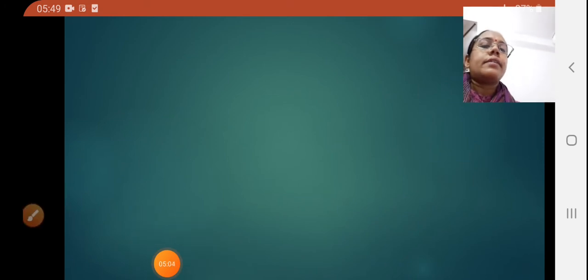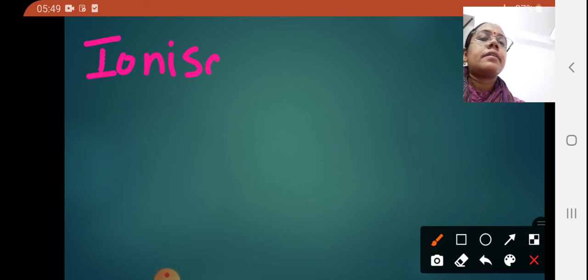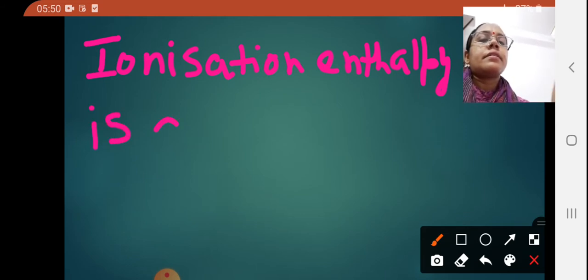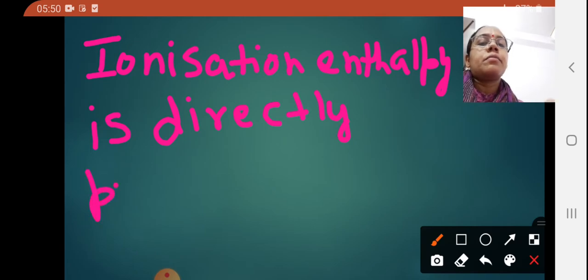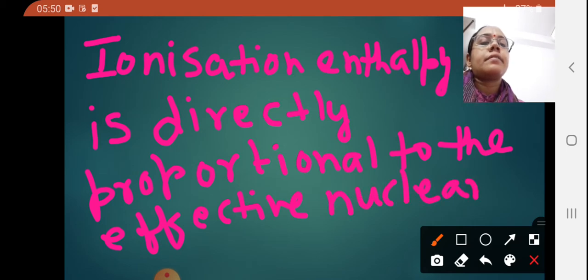Ionization enthalpy is directly proportional to the effective nuclear charge.